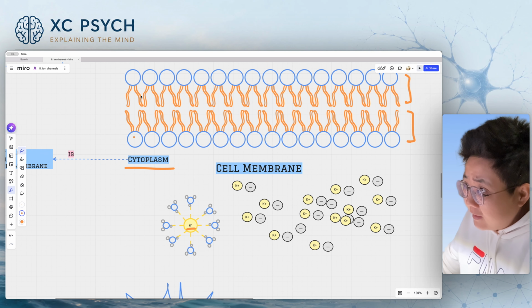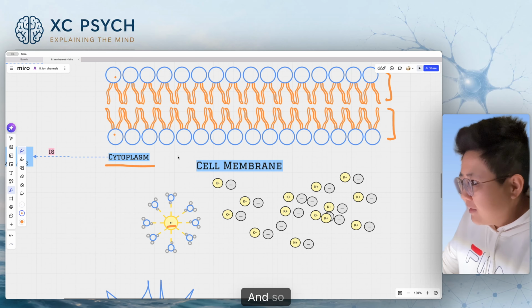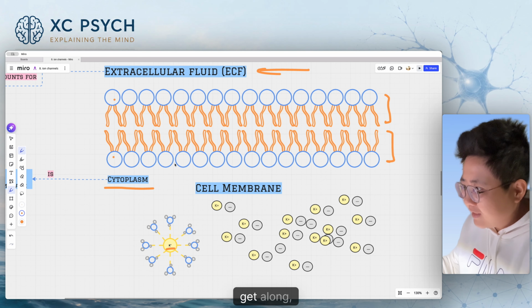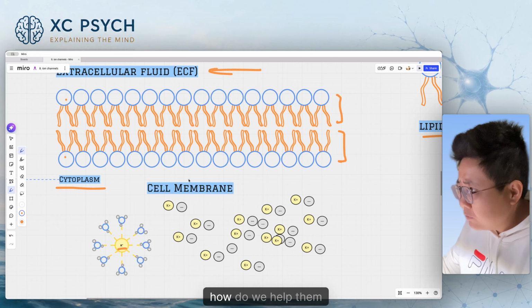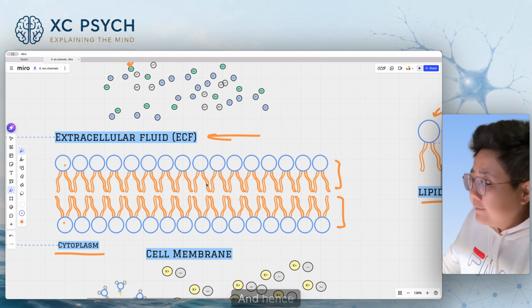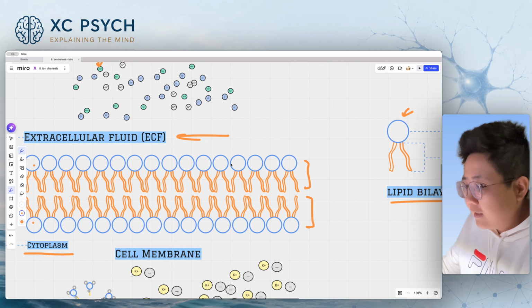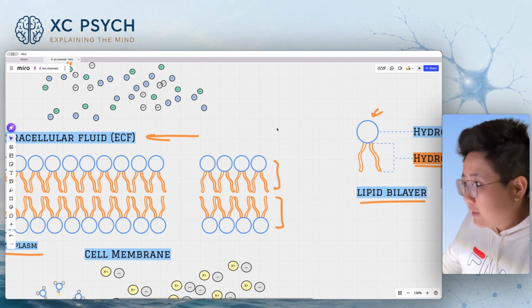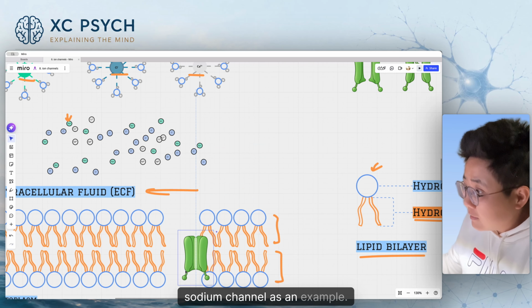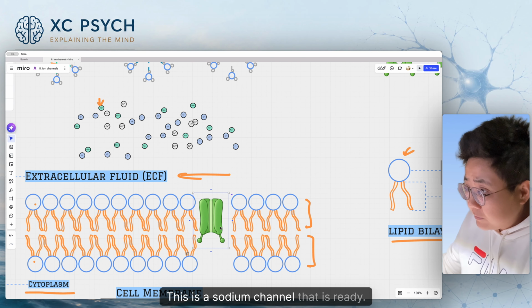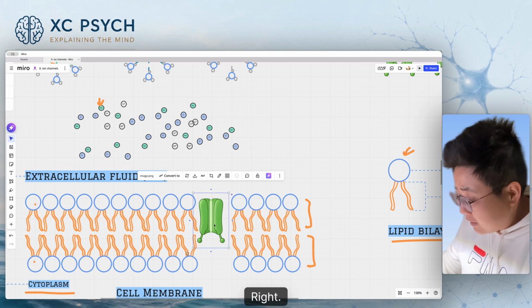And the heads, they love water. So if water and oil don't get along, how do we help them communicate, right? And hence we have this design. We'll just use the sodium channel as an example. This is a sodium channel that is ready, right?